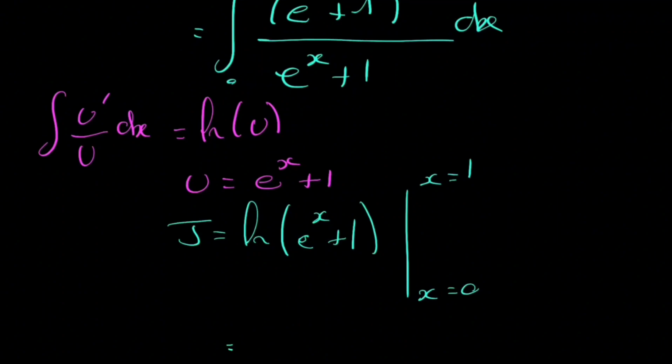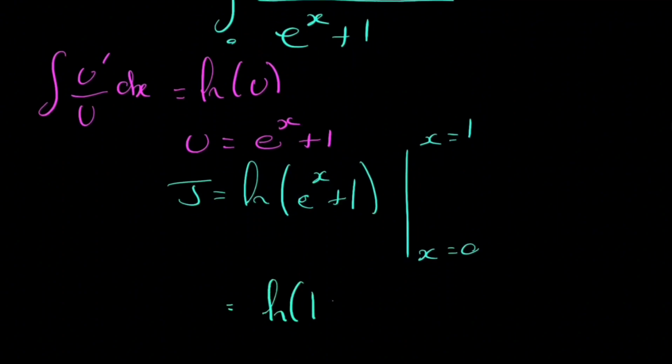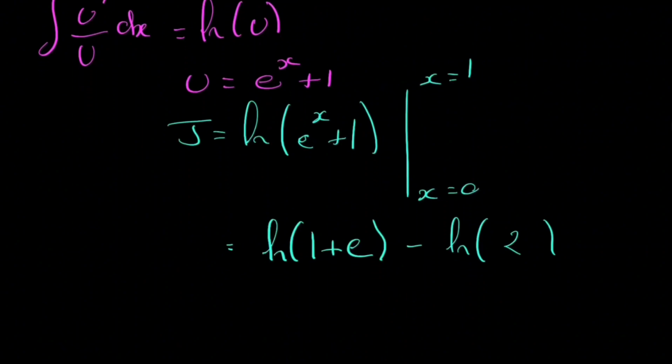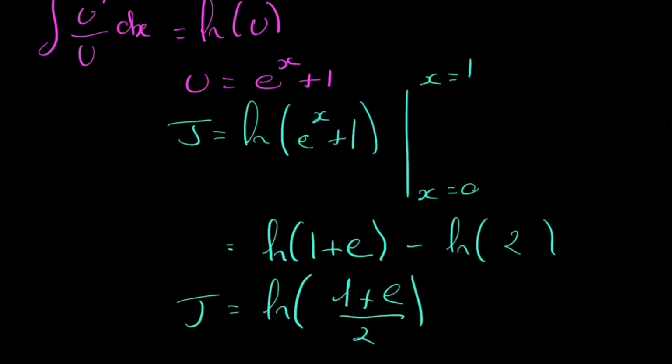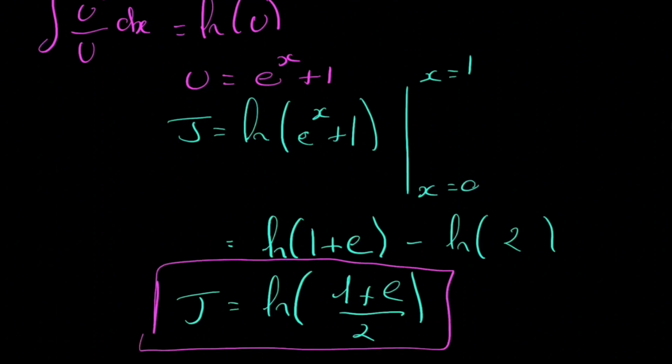So it's equal to ln of 1 plus e minus ln of 1 plus 1, so 2. That is equal to ln of (1 plus e) over 2 using the logarithm properties, and we just answered our question.